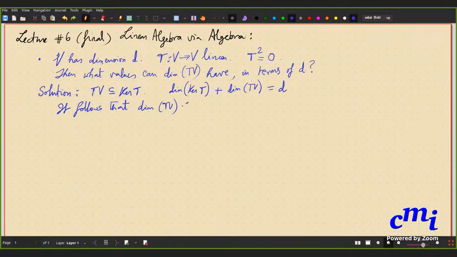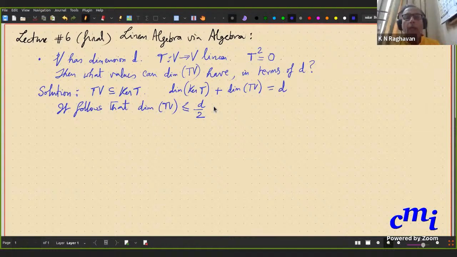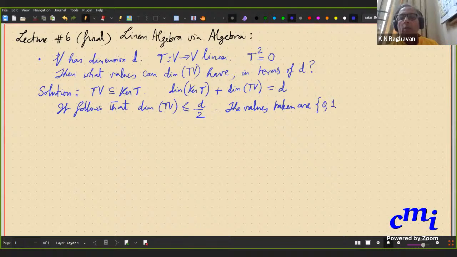I'll just write it like you said. Okay. So I'll leave that as being clear, unless you tell me that actually all these values are possible, meaning the values taken are 0, 1, 2, etc., up to the floor of D by 2.